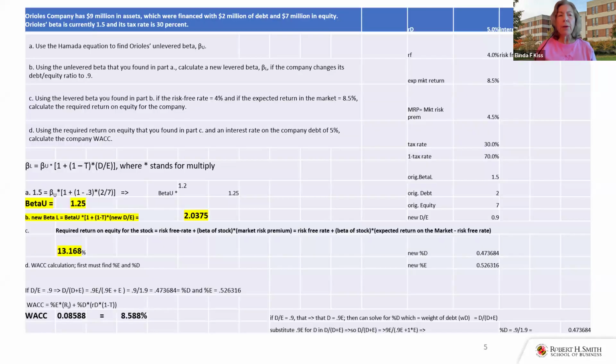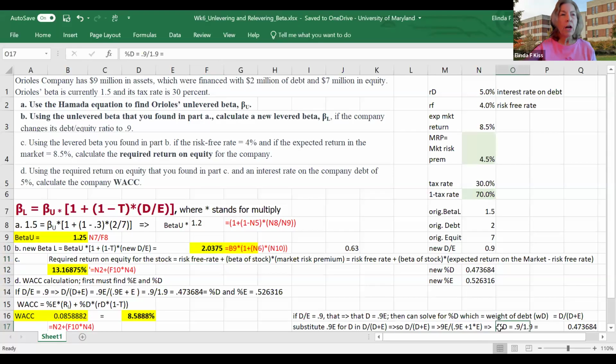We will work the problem in Excel, so let me do a new share to bring up the Excel. We have a fictional company where we need to unlever its equity beta and then relever it because we are assuming there will be a change in the capital structure.